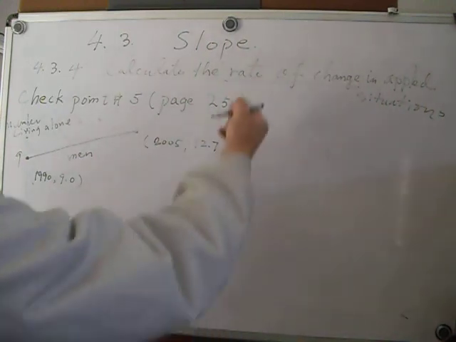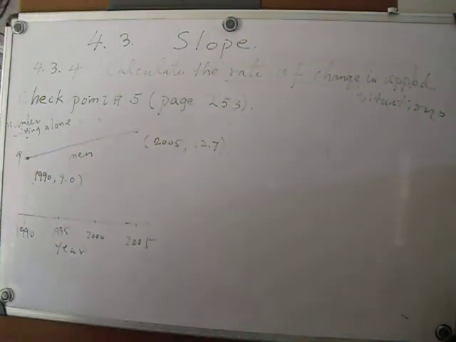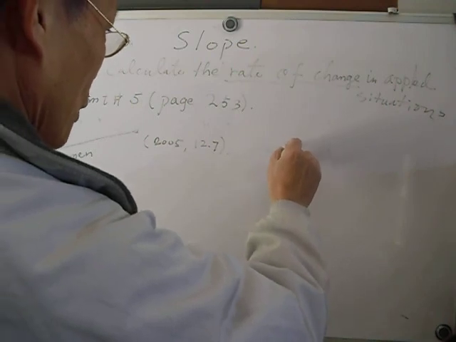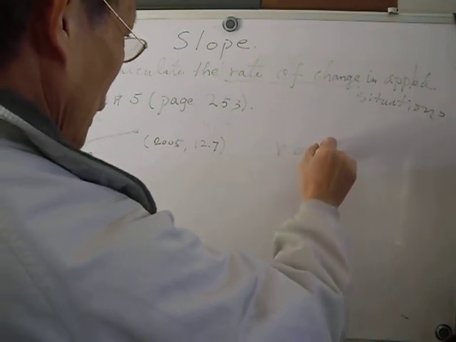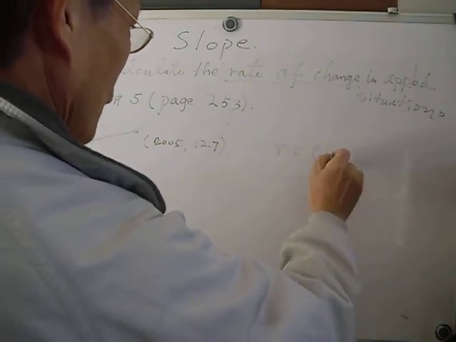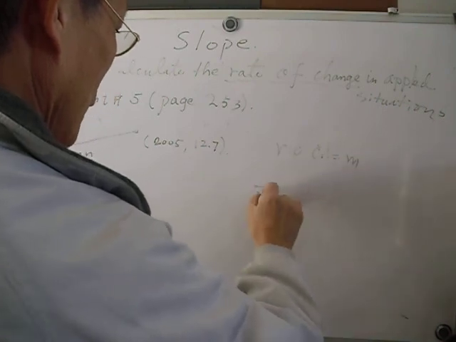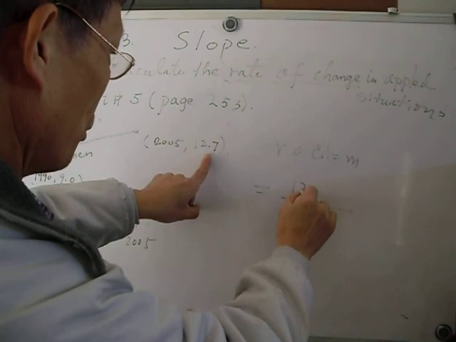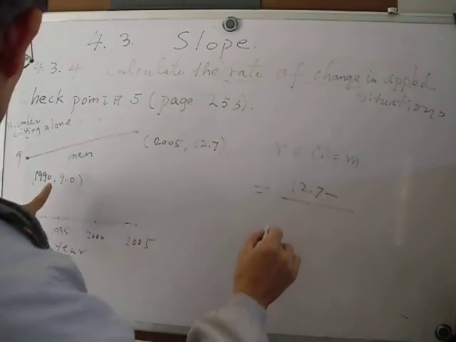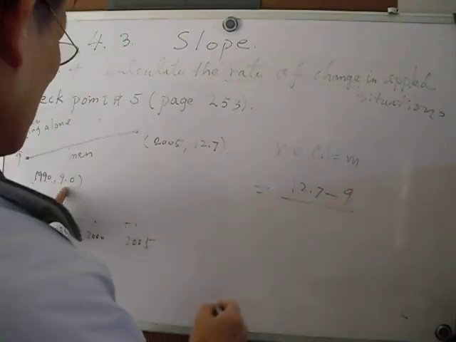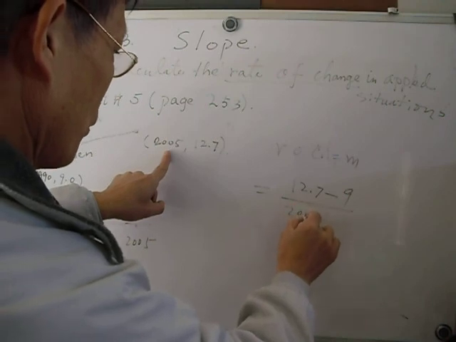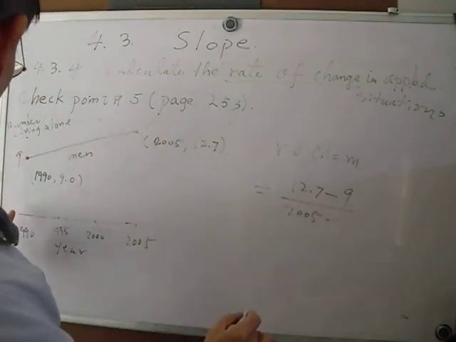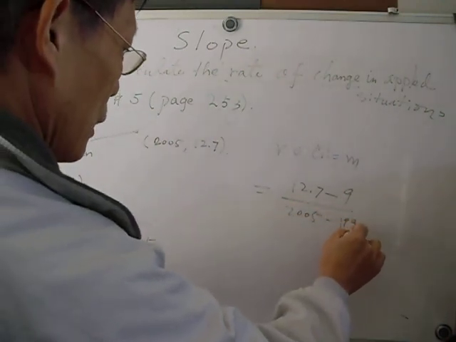So the same way, the rate of change. This is a very good example. Rate of change, ROC, or you can use m, equals y2, 12.7, minus y1, 9, over x2, 2005, minus x1, 1990.